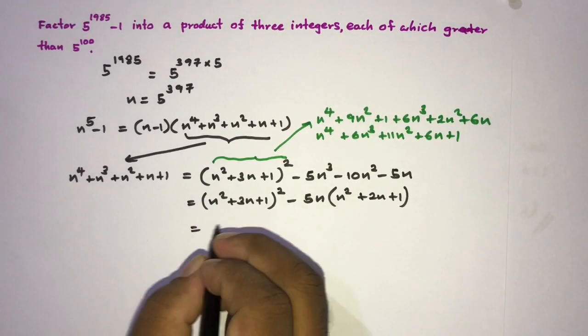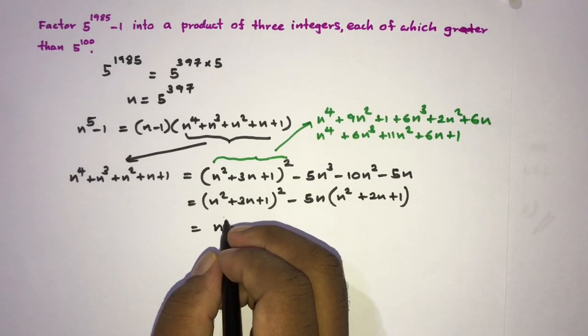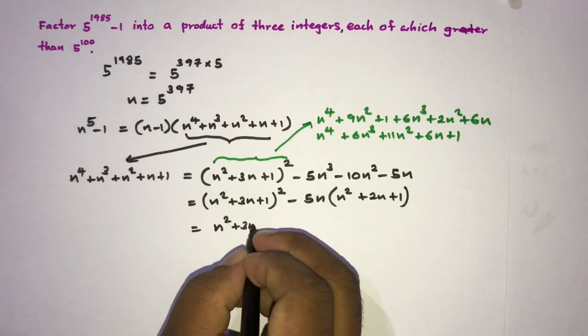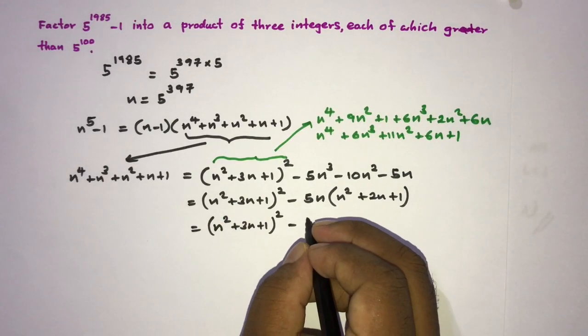Okay, then we can write this as equal to n square plus 3 times n plus 1 squared, minus 5 times n plus 1 squared.